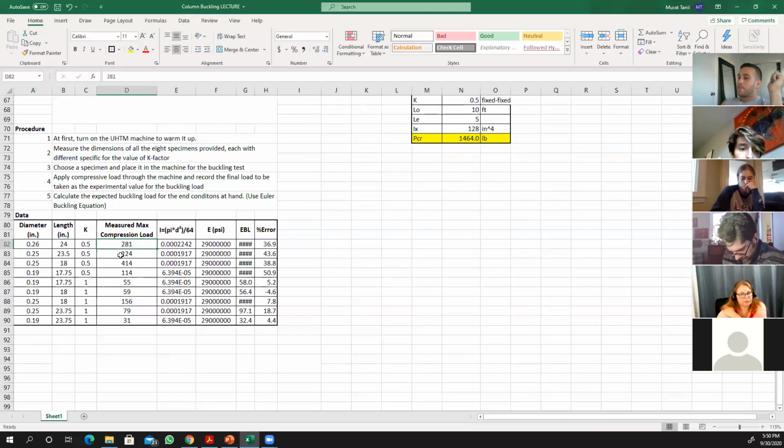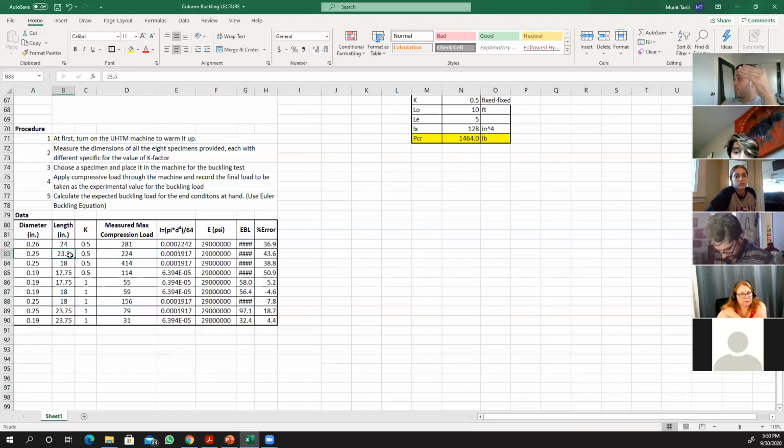And then I go to the second one. The diameter is 0.25 and the length is 23.5, and the connection type is the same, fixed, so K is 0.5. This one is 224. So I see that the diameter is reduced and the length is changed, and you see that the compression load is also reduced because you have a reduction in your diameter, in your cross-sectional area.